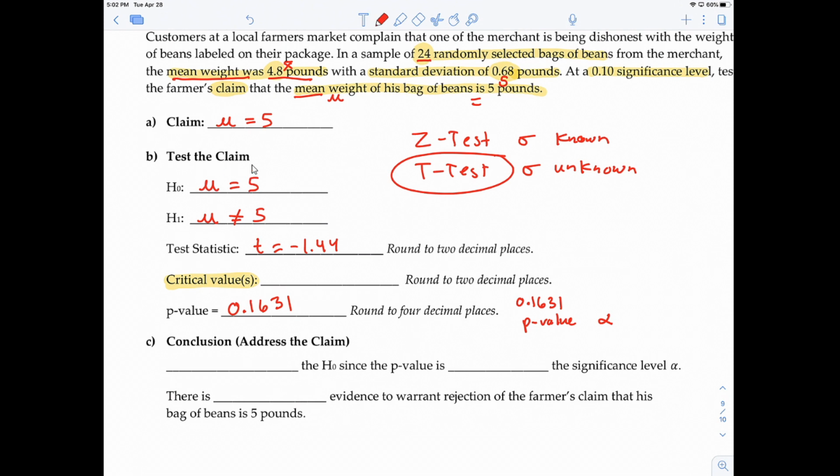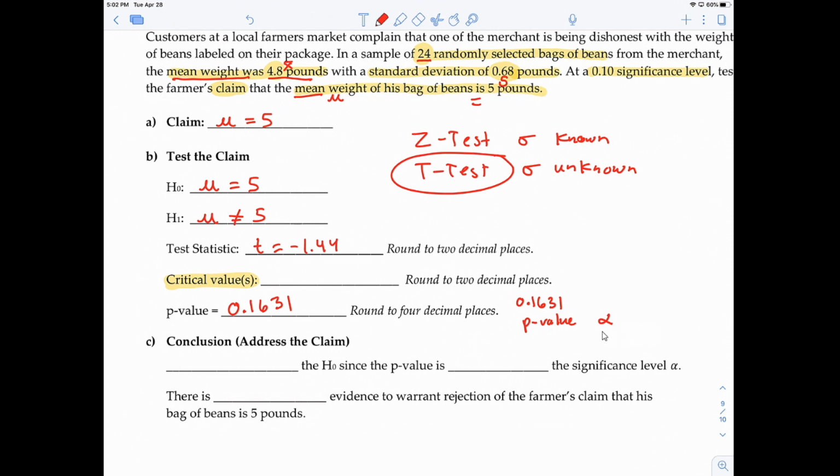Assuming that the null is true, we should expect a mean of 5, and then we got the 4.8 in the sample. This is the probability of getting that sample result. And now, is this probability low enough to where we can say that getting this value that's different from 5 didn't happen by random chance?